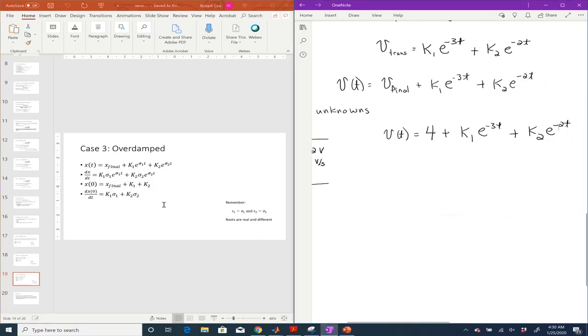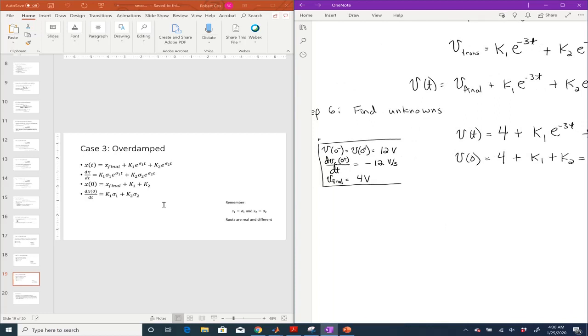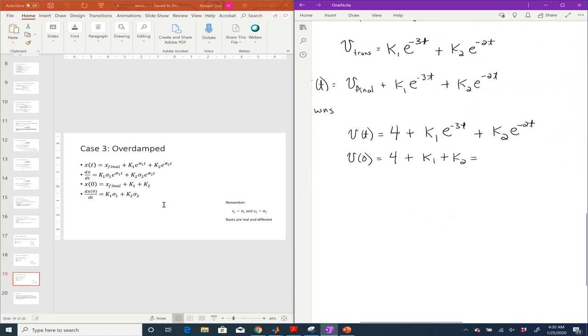So I say V of 0: I just plug 0 into this equation and get 4 plus K1 plus K2. And I know that V of 0 is 12 volts, so that tells me K1 plus K2 equals 8.